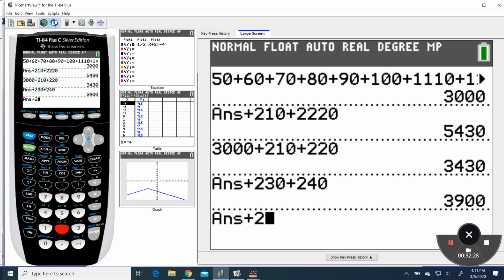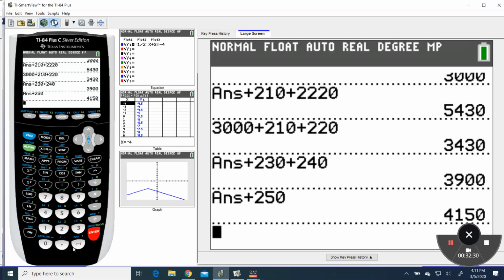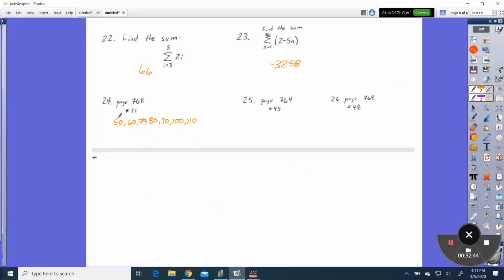So plus 250. Anyways, I don't know if I did all of those numbers right. I didn't check back on those, but that puts me above the 3,960. Okay. So if you did it that way, said here's 1, 2, 3, 4, 5, 6, 7, and so forth, that would help you that way.